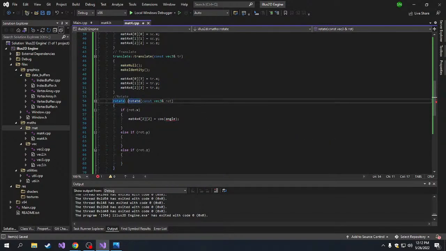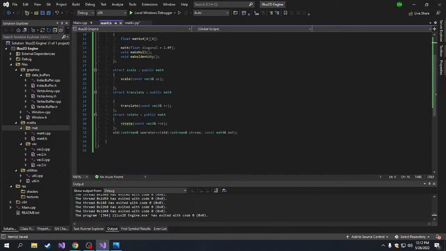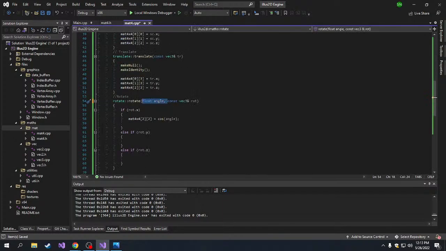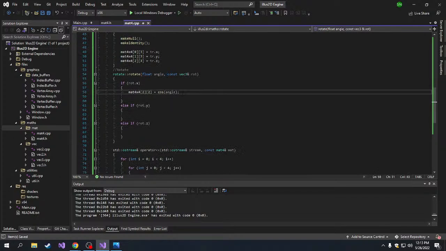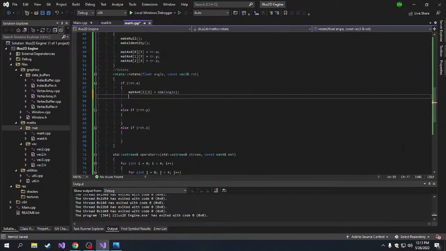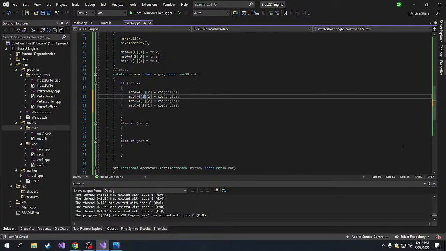So float angle, copy this, put it over here. Float angle, so cosine of the angle, have to copy it 4 times. So the second row, third column, have a negative sine of the angle.